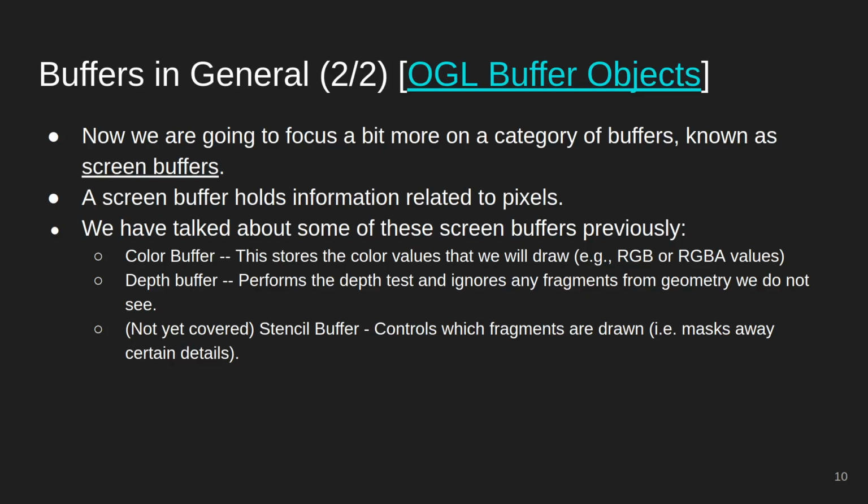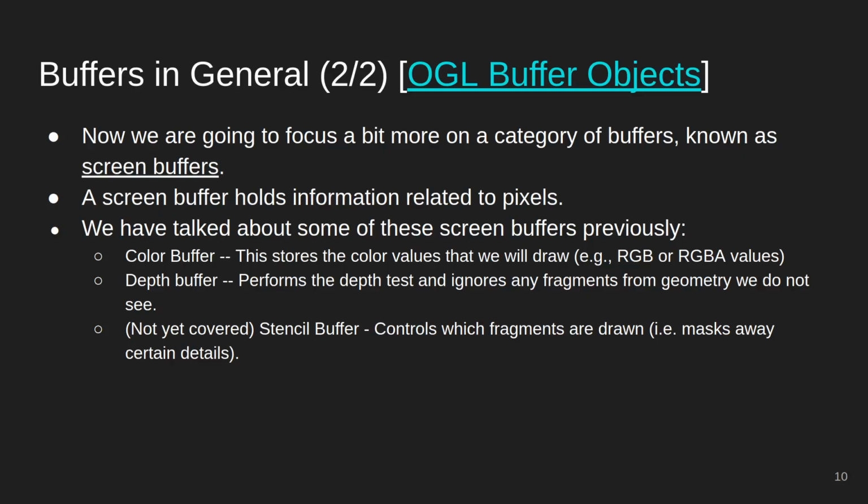So we're going to focus a little bit here on a different category of buffers today, and those are known as screen buffers. They're actually not anything really new. We can go back to assignment 1, when we had our PPM images, and that's a buffer, right? It's just some collection of bytes that represent the colors of an image, all the different pixels.